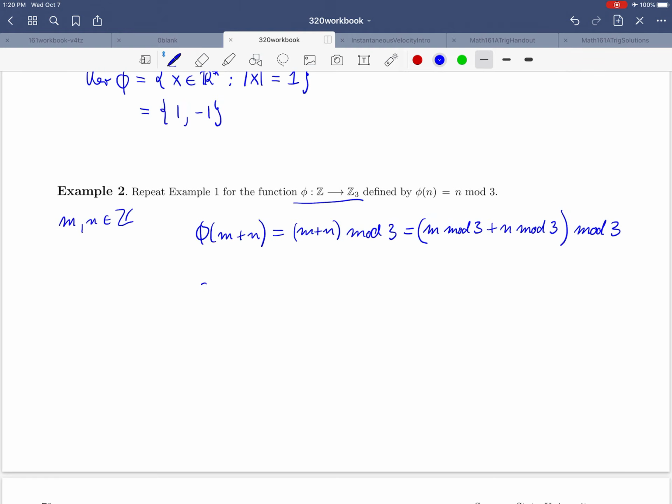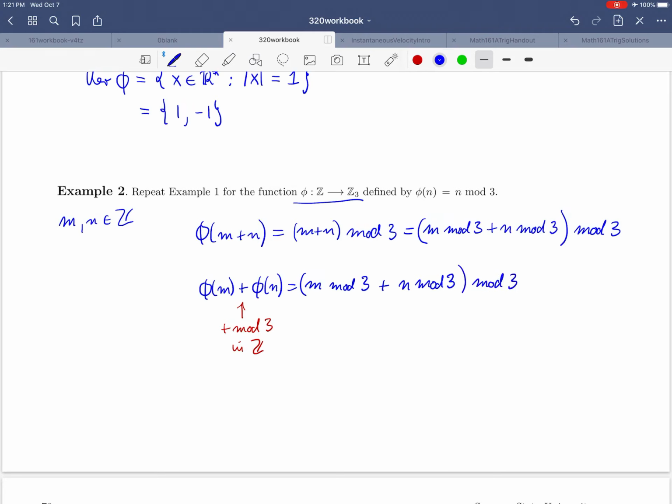Now let's have a look at what phi of m plus phi of n is. Well, that is m mod 3 plus n mod 3. And since this operation is taking place in Z3, this addition right here is addition mod 3, because it takes place in Z3, we still also have to mod out by 3.